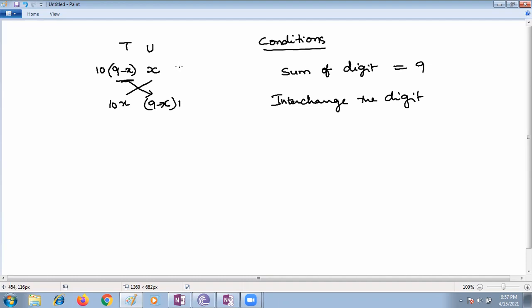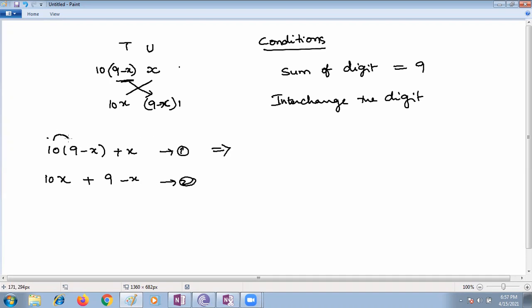Now you have to make the equations, children. 10 into 9 minus x plus x is one equation. The other one, after interchanging, is 10x plus 9 minus x. Simplify these two. What are you getting, children?